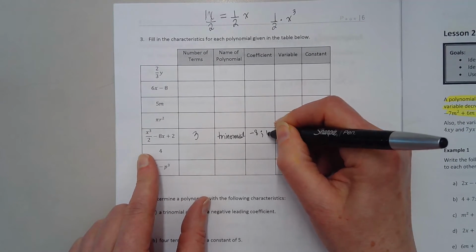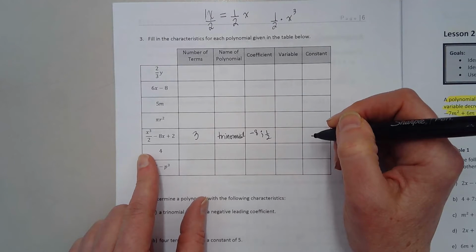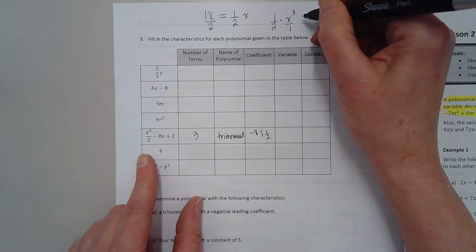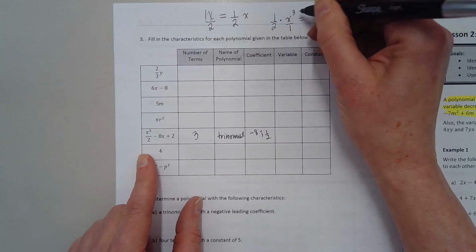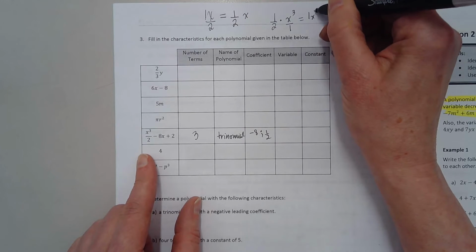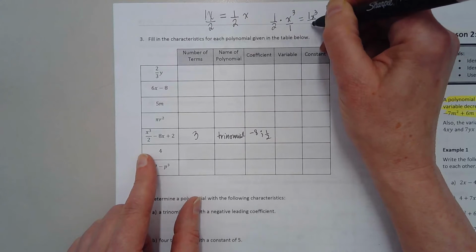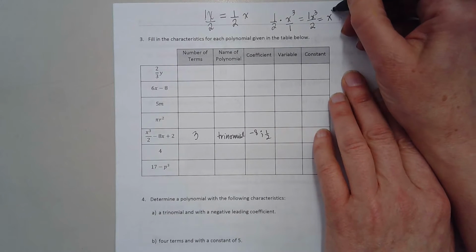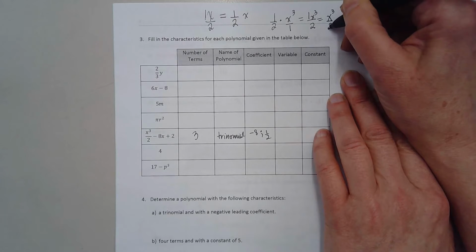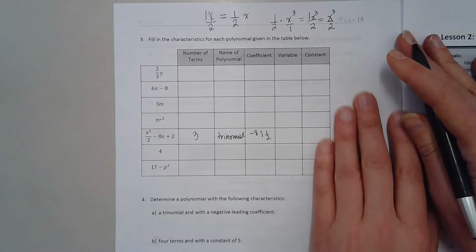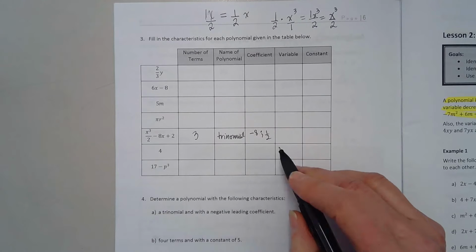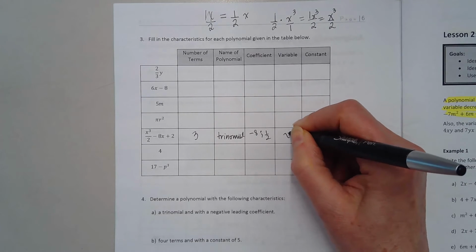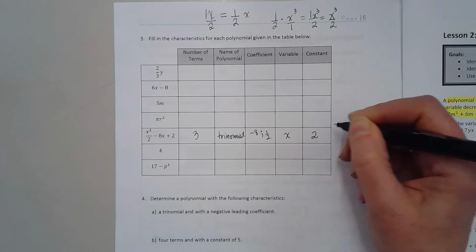So the other coefficient is 1/2, multiplied by the x cubed, because the x cubed is really x cubed over 1. 1 times x cubed is 1x cubed. 2 times 1 is 2. We don't write coefficients if they're 1s. We talked about that on Tuesday. In math, we don't write a coefficient of 1. So that's why the x cubed over 2 is the same as 1/2 x cubed. The variable is x, and the constant is positive 2.